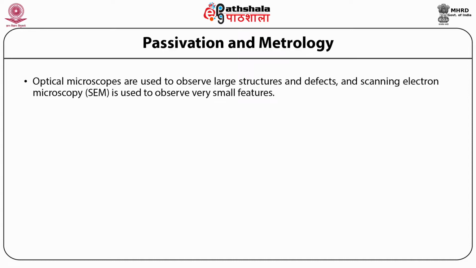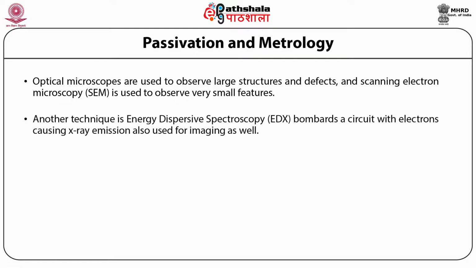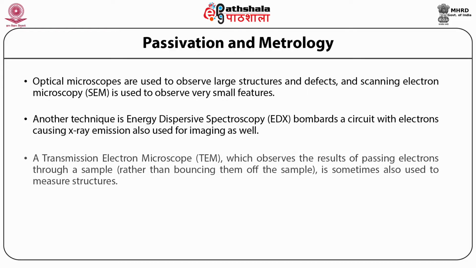Optical microscopes are used to observe large structures and defects, and SEM is used to observe very small features. Another technique is energy dispersive spectroscopy (EDAX), which bombards a circuit with electrons using X-ray emission, also used for imaging. A TEM, which observes the results of passing electrons through a sample, is sometimes also used to measure structures.